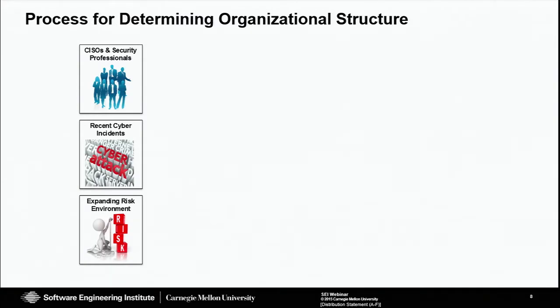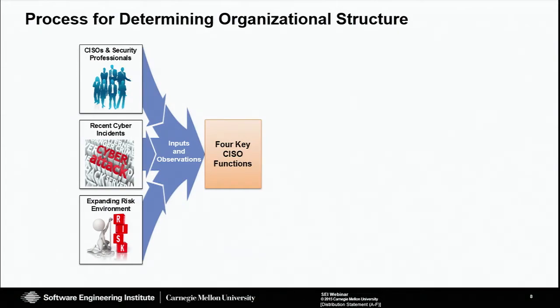So all of these factors and the years of experience that CERT has had influenced our inputs and observations to identify 4 key CISO functions that Nader will be breaking down for you that serves as a foundation for this organizational structure we'll be discussing. So at this point, Nader, over to you.